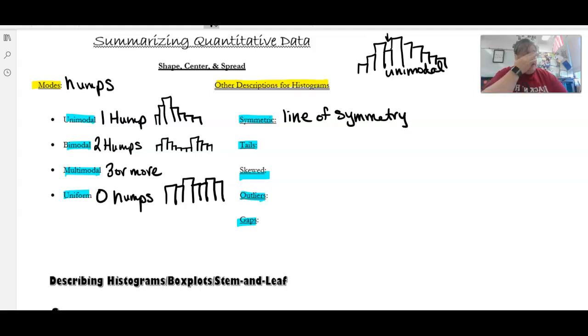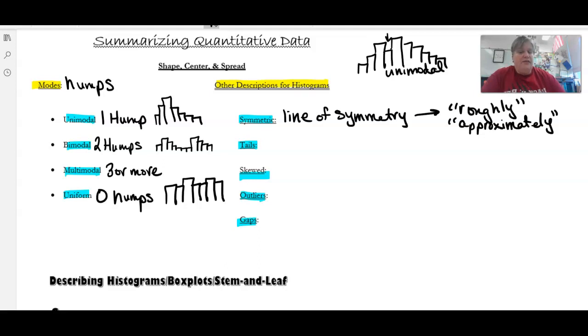You're never going to say something is exactly symmetric. You're always going to say something's roughly or approximately. Stats is always a little off, and so you never want to say something is perfect or exact. So we throw in the word roughly, approximately. That kind of helps.